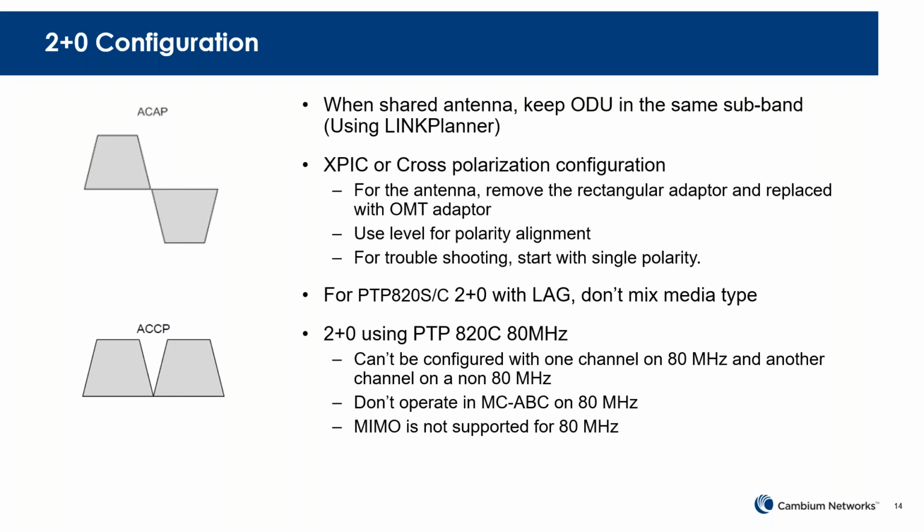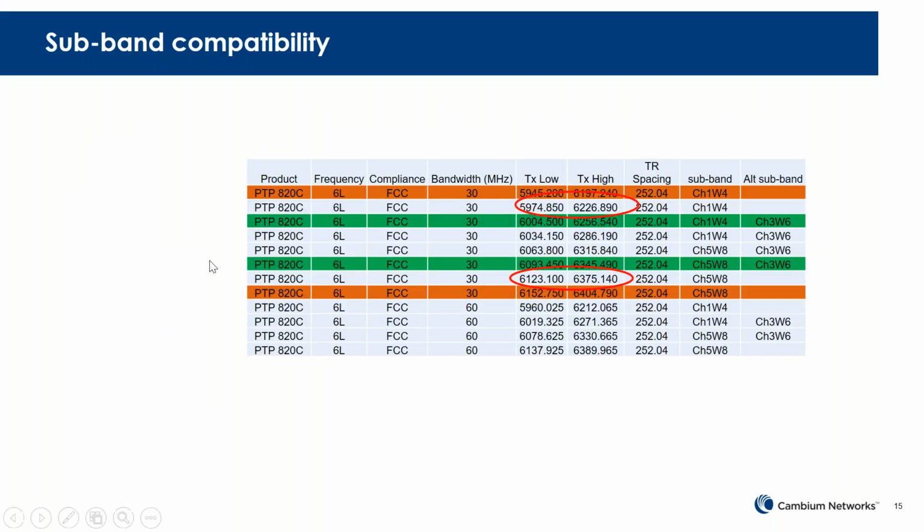So what it means is that when you try to deploy a 2+0 link using the same antenna, you want to use adjacent channels. Or basically we say you need to use channels in the same subband. So let's take a look at this slide here. I give you an example.